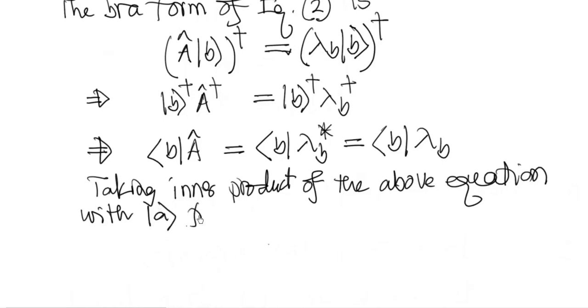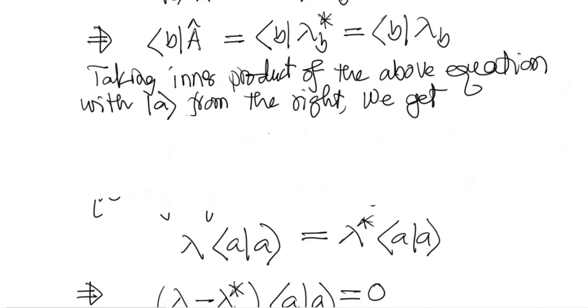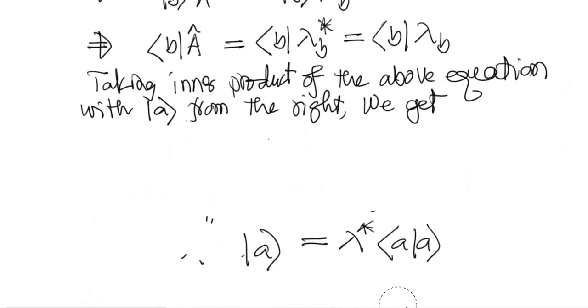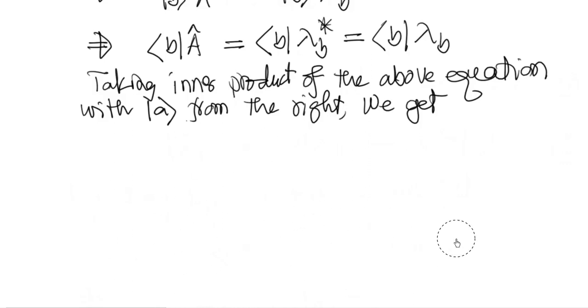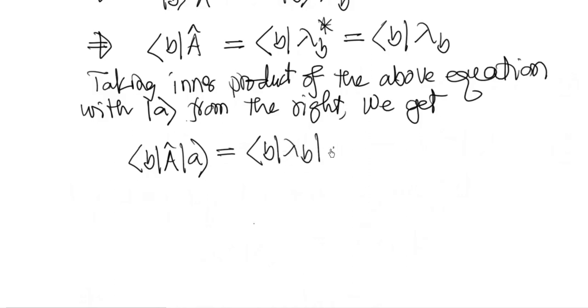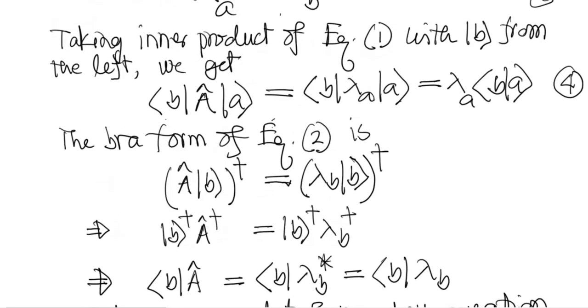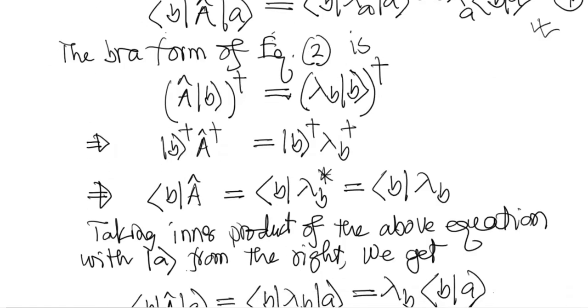with ket A from the right. So if we take inner product of this equation with ket A from the right, we'll get, now here this one is equation 4, and let us say this is equation 5.